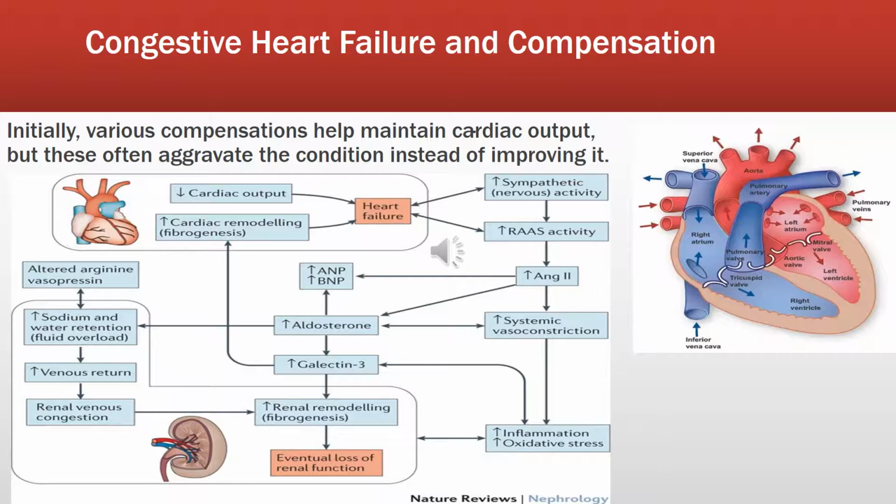The resulting vasoconstriction and increased blood volume add to the heart's workload. The sympathetic nervous system response also increases the heart rate and the peripheral resistance. So that increased heart rate may decrease the efficiency of the heart pumping and impede filling, as well as increasing work for the heart.